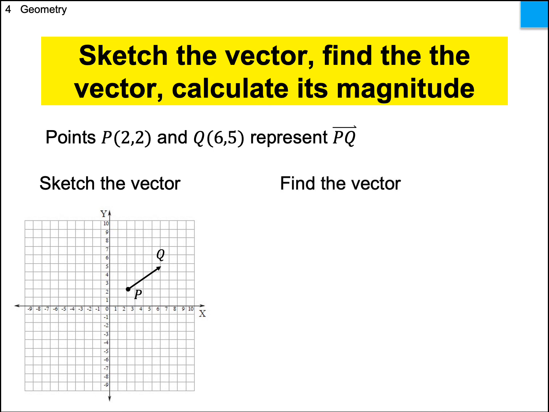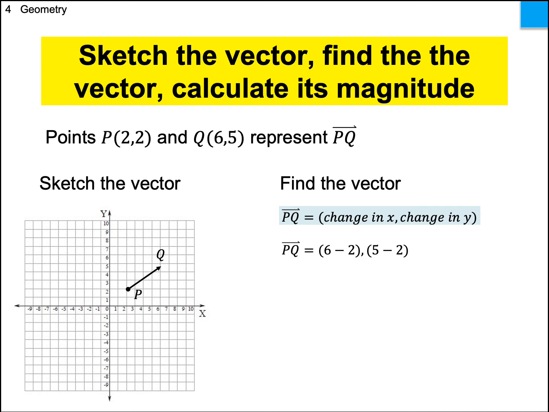So we're asked to find the vector. What we're doing is finding the direction the vector goes. So how do you do that? It's the change in x, comma, change in y. It looks like an ordered pair. It's not. So let's see. The x values, that would be 6 minus 2, and the y values would be 5 minus 2. And you're like, well, can I do them in another order?